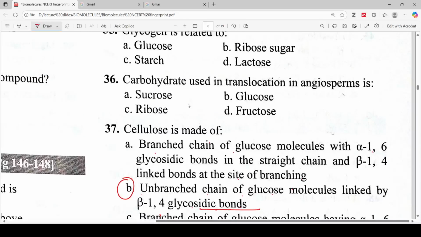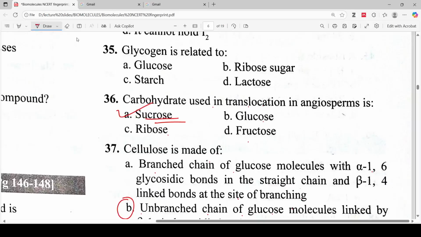Next question: carbohydrate used in translocation in angiosperms is sucrose, ribose, glucose, fructose. The correct answer is option A. Sucrose will be the correct answer for this question. Next question: glycogen is related to glucose, starch, ribose sugar and lactose.